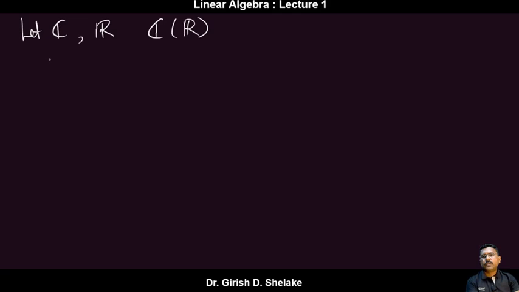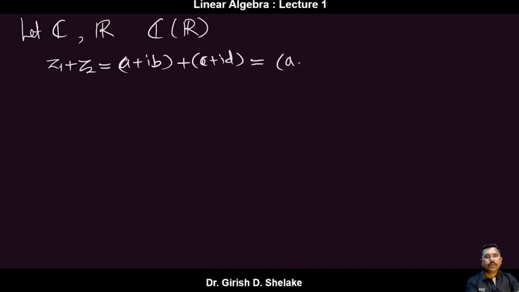Here addition of two vectors is z1 plus z2; suppose z1 is a plus ib and z2 is equal to c plus id, then their addition will be adding the real part to the real part and the imaginary part to the imaginary part. So it is a plus c plus i into b plus d. This is the addition.